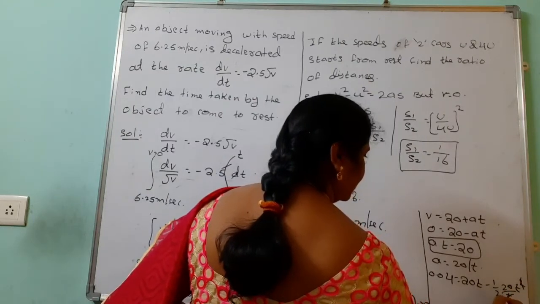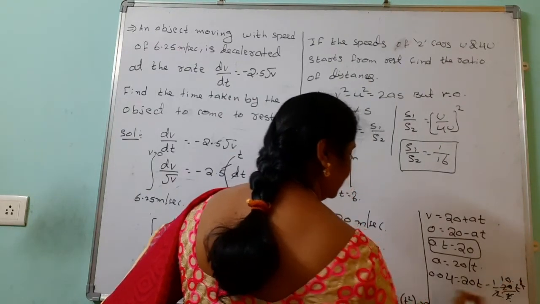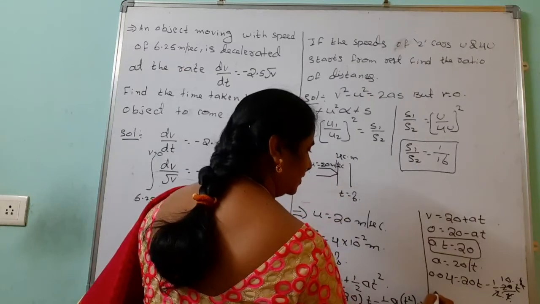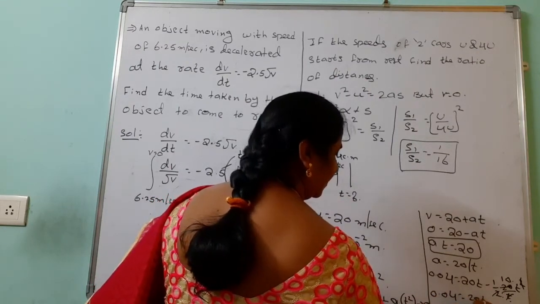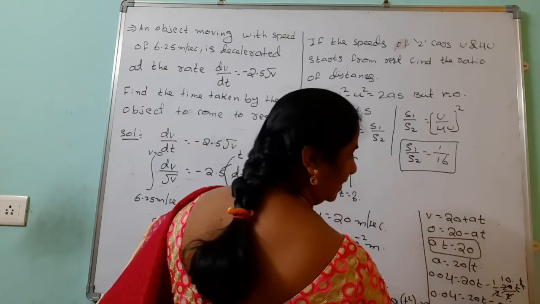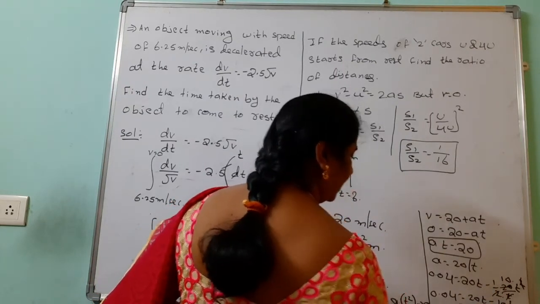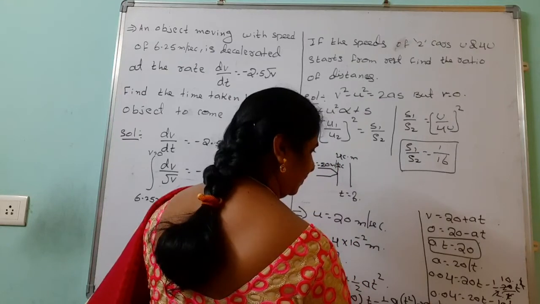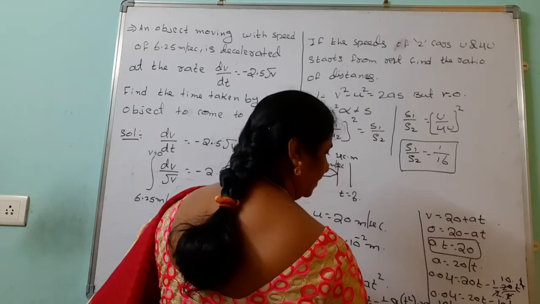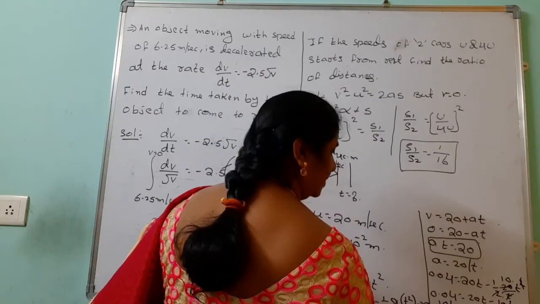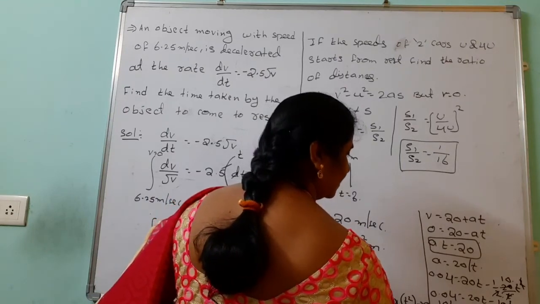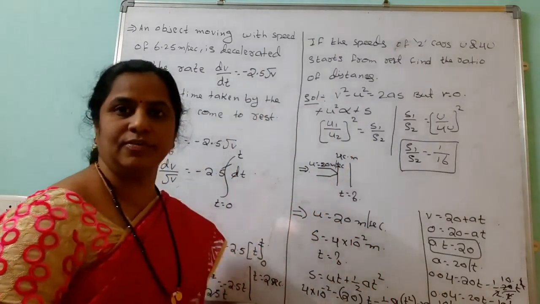This t cancels. So 0.04 equals 20t minus 10t. 10t equals 0.04, then t equals 0.004 seconds.